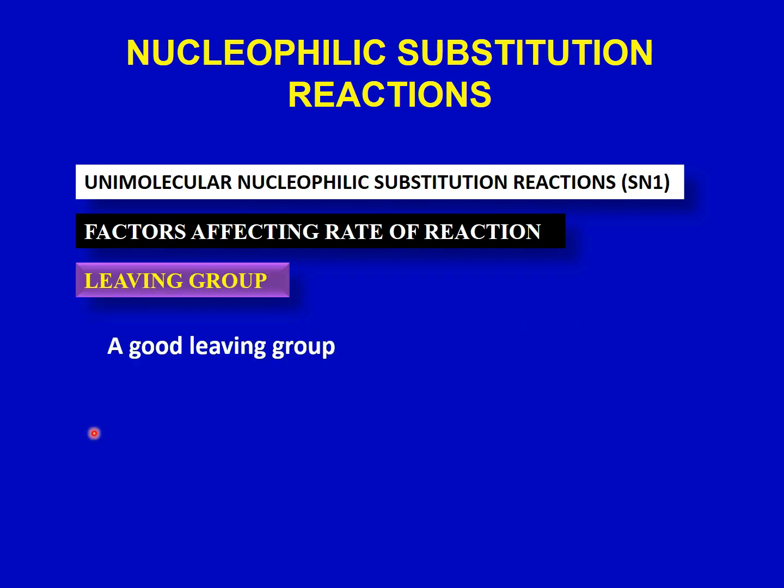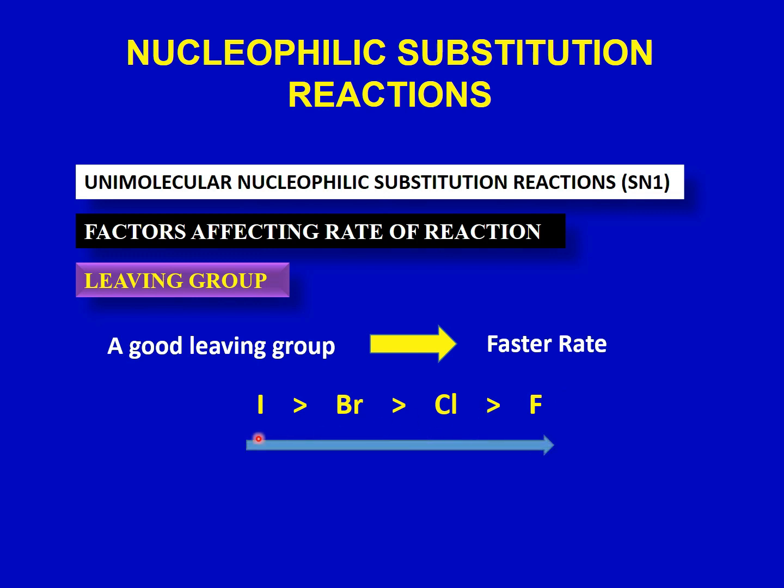The rate of reaction is also dependent upon the leaving group. Let's see how the leaving group affects the rate of reaction. A good leaving group is any group that is happy to leave the molecule in the form of a negative anion. So if we have a good leaving group, the rate will be faster.